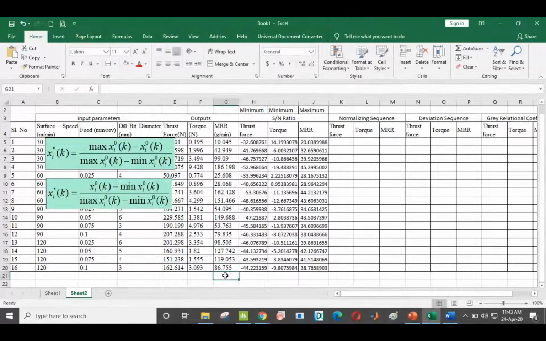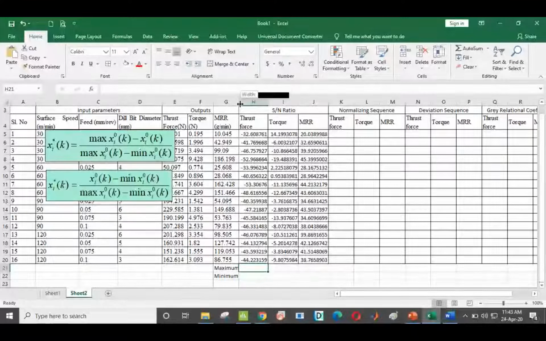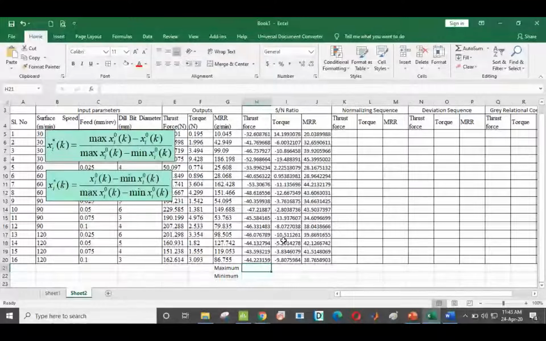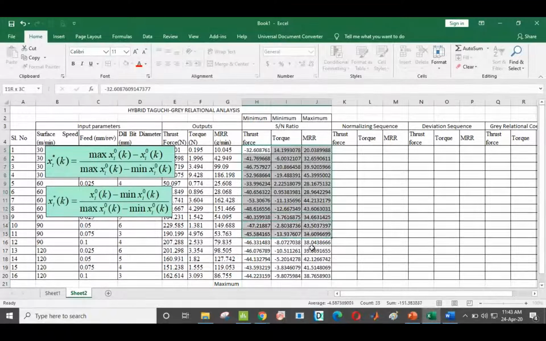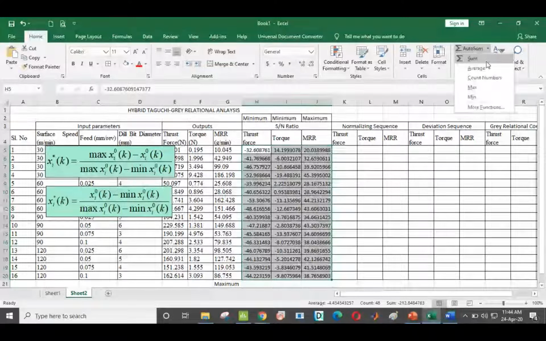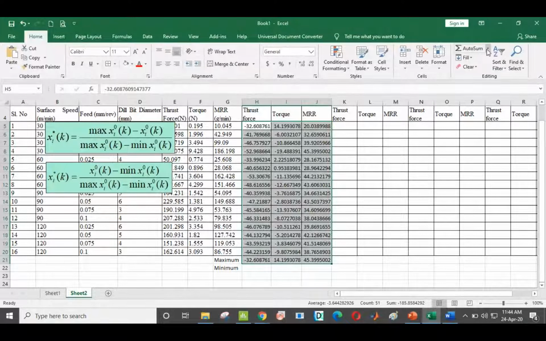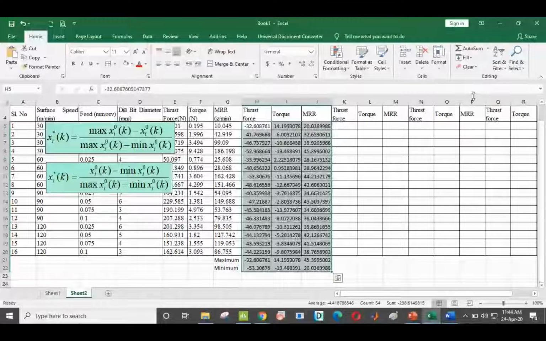So I am going to determine the maximum and minimum values, which is equal to, just copy, select all these three, go with the auto sum drop menu, maximum. So we have the maximum, then we have the minimum value. So that's all.